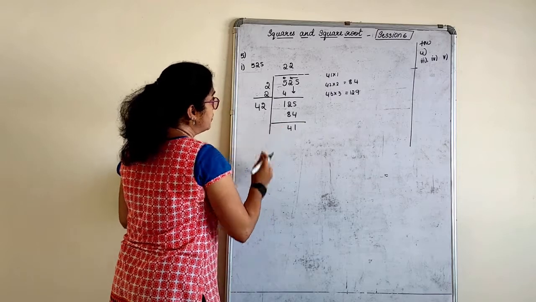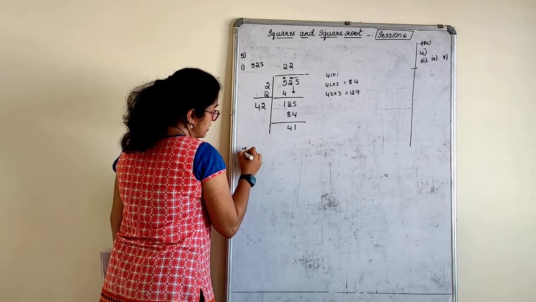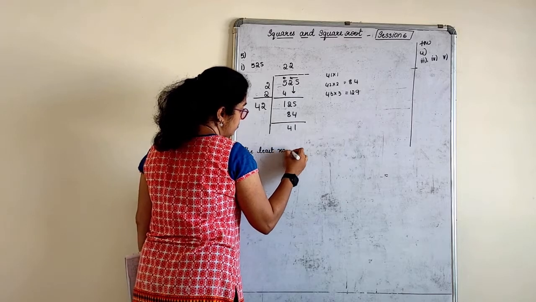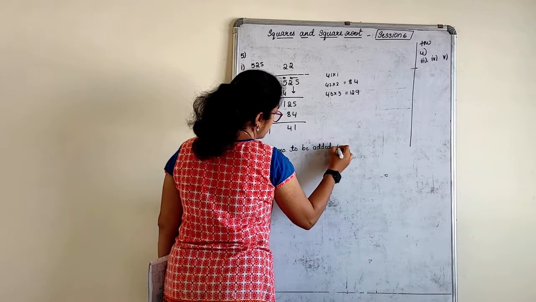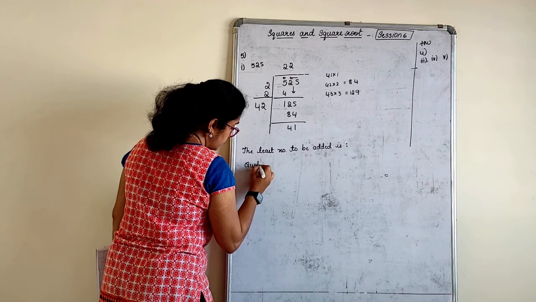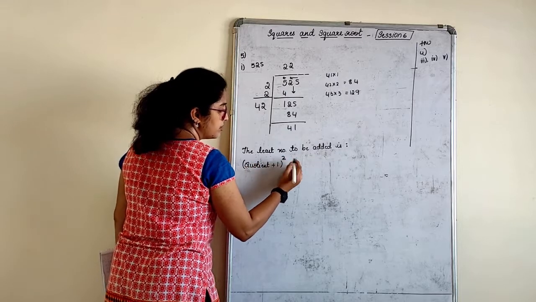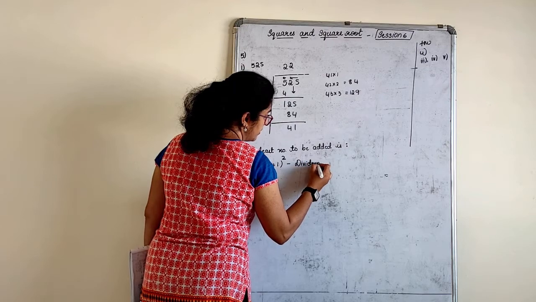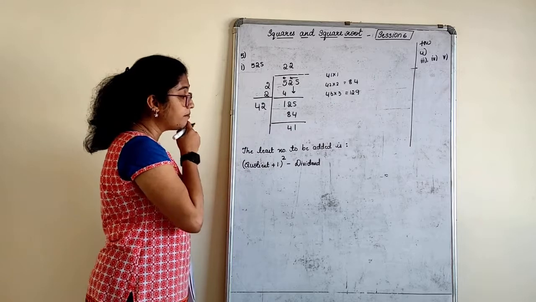Next, how to find our least number to be added? The procedure here is: the least number to be added is quotient plus 1 whole square minus dividend.